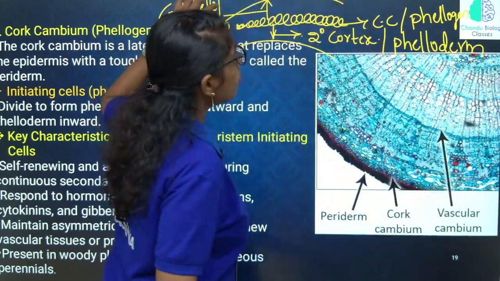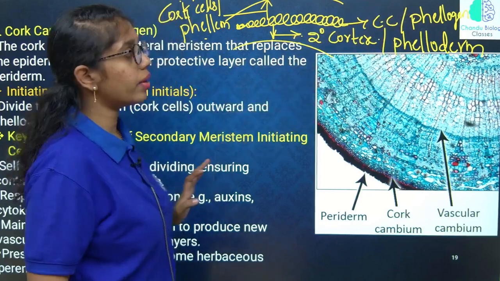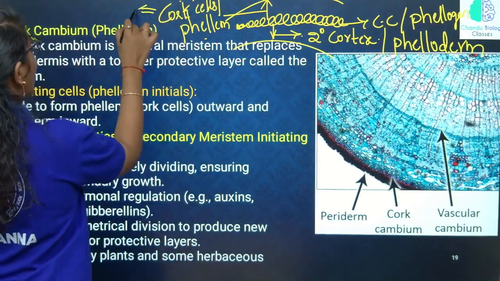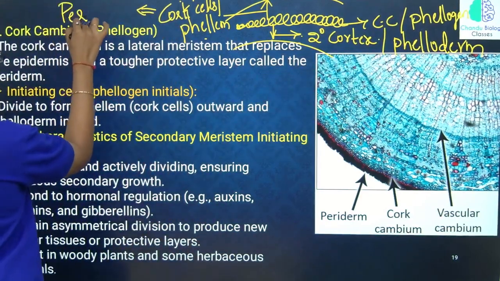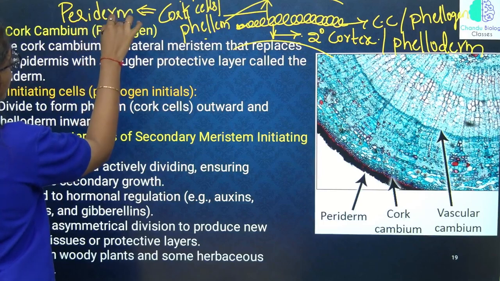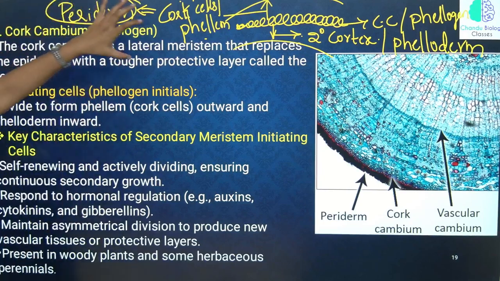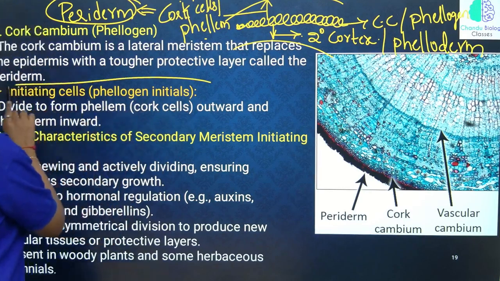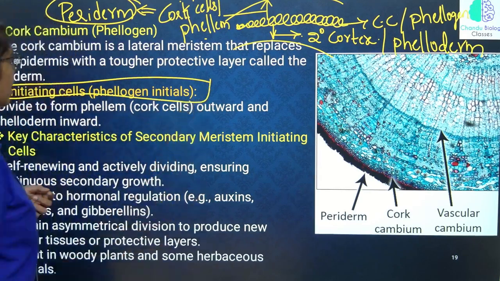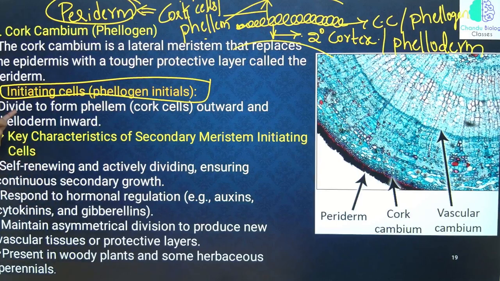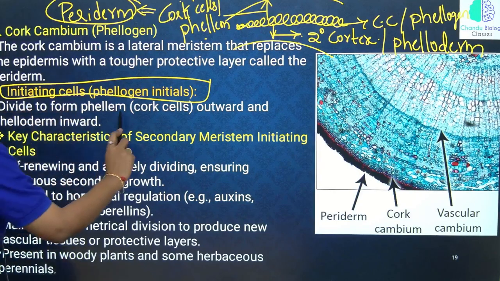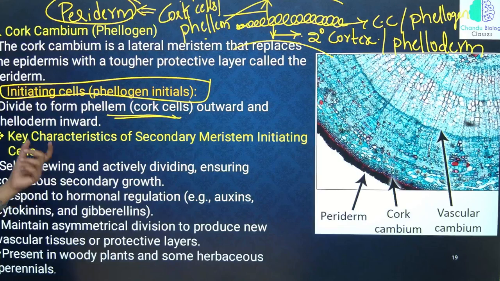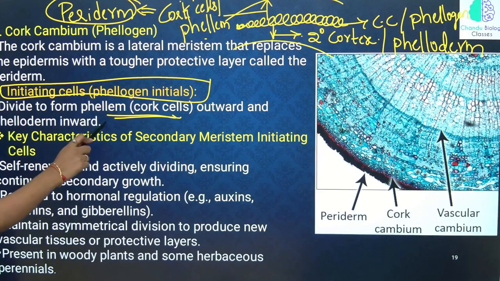Phellem, phellogen and phelloderm together we call the periderm. This is the basic information that all of us know. So here the initiating cells, which are the phellogen initials or cork cambium initiating cells, divide and form phellem or cork cells towards the outer side and phelloderm towards the inner side.